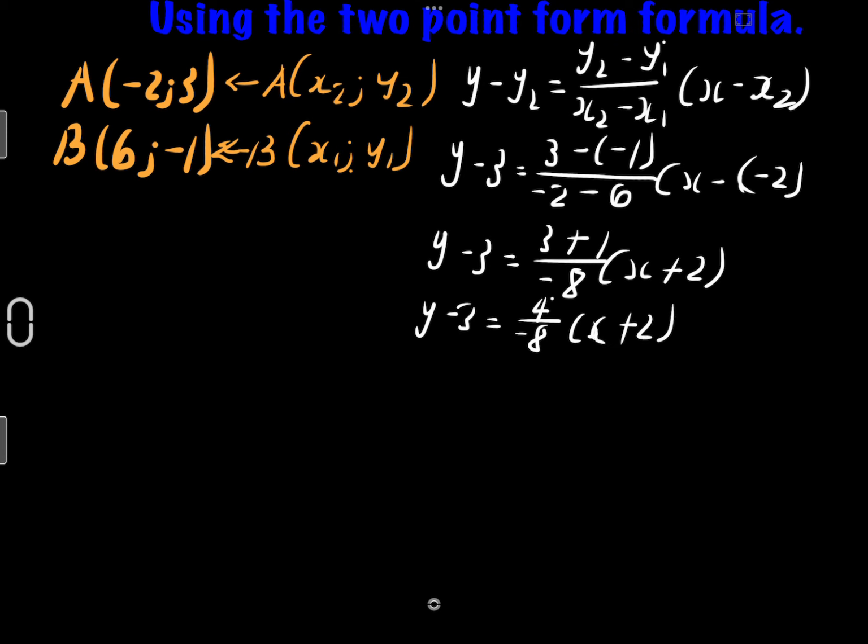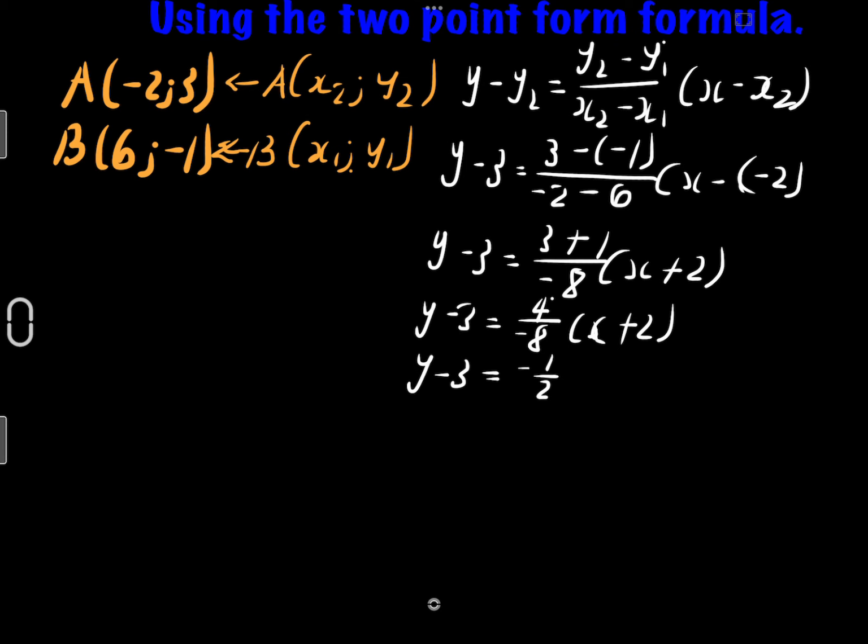Okay, so we are looking at the gradient in this case. So y minus 3 is equal to negative 1 over 2, and then by substitution or multiplication, we can simply factorize and multiply the bracket out.